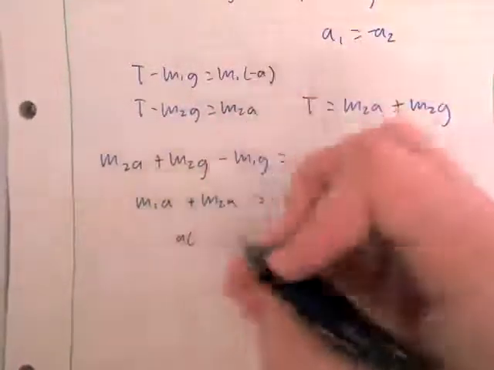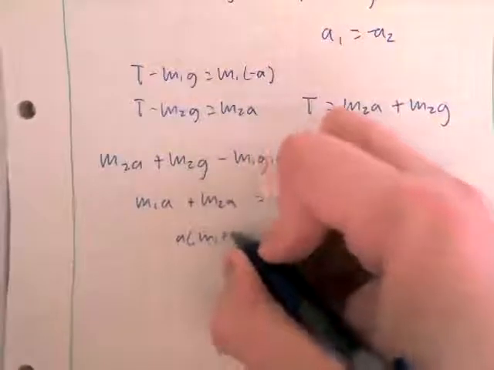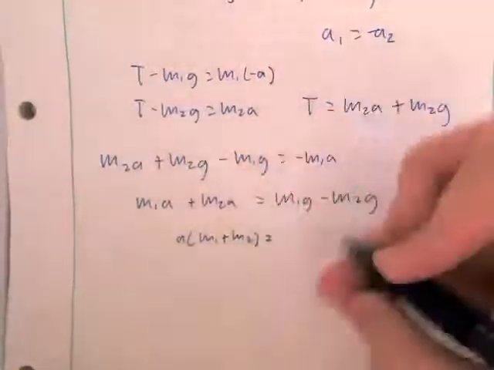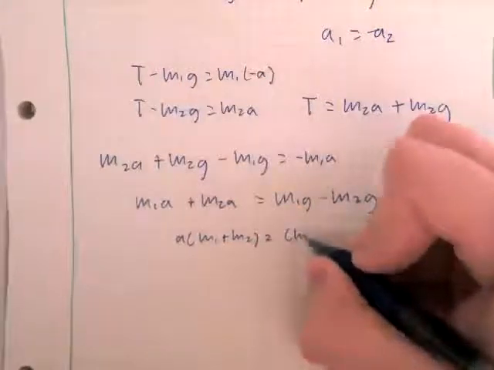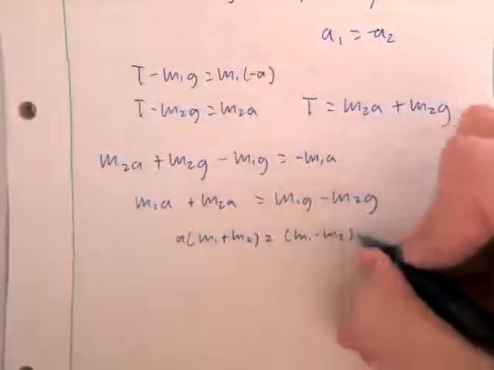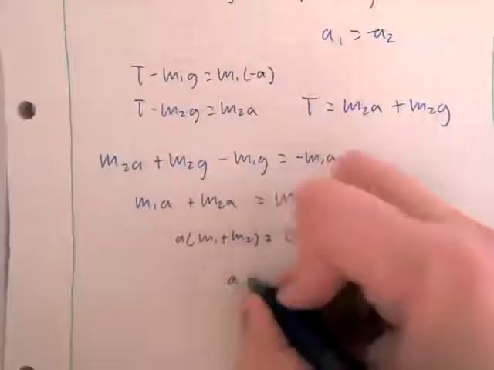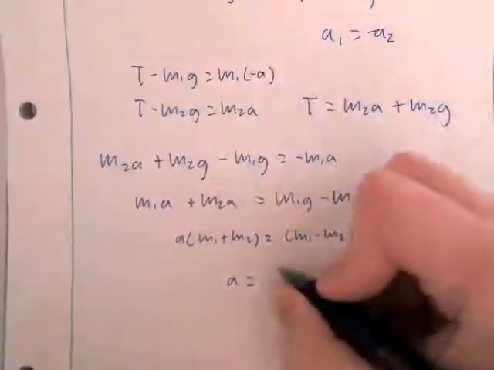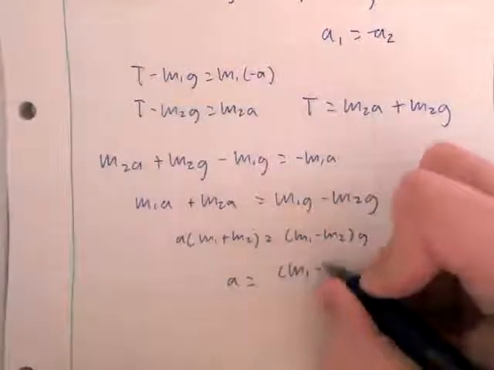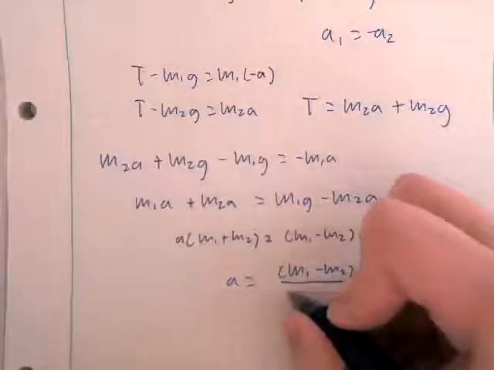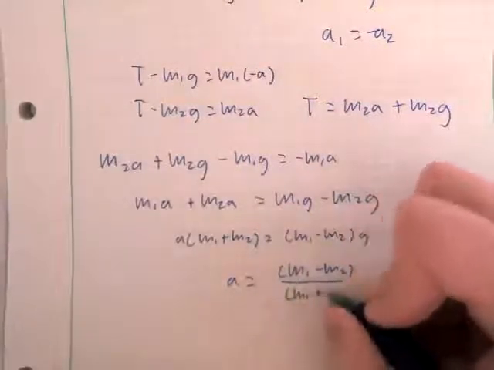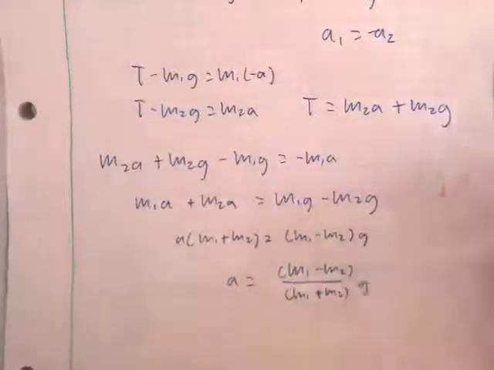And so I can factor out a: m1 plus m2 equals, factor out the g, m1 minus m2 times g. Solve for our a, and what we get is m1 minus m2 divided by m1 plus m2, times g.